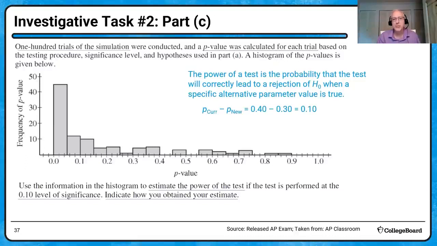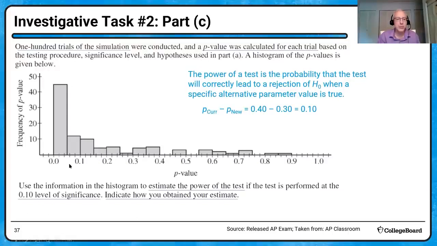The difference in the two parameters is really 0.1, and the simulation is done assuming that. Okay, so what do we need to do to figure out if we're going to have power for our test? We need to figure out if the test is going to reject the null hypothesis. When will the test reject the null hypothesis? At the 0.10 level of significance, if the p-value is less than 0.1.